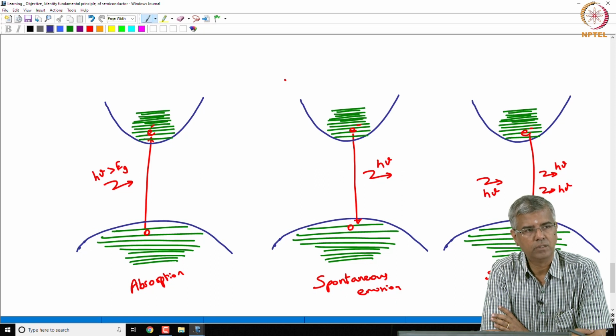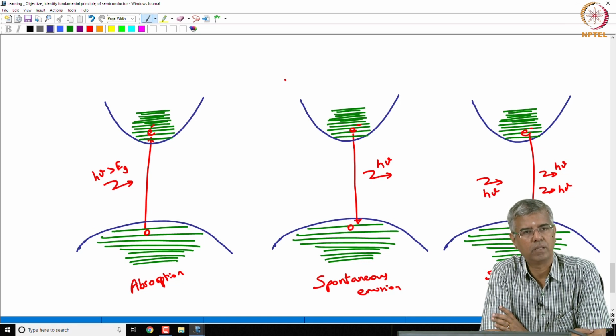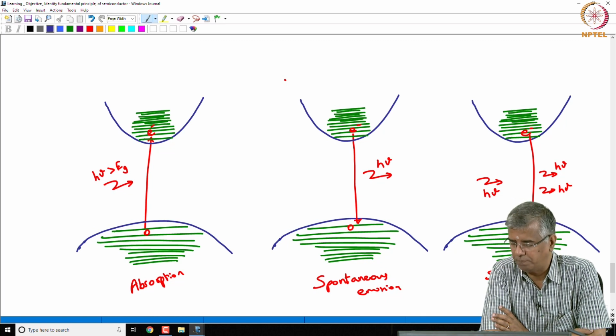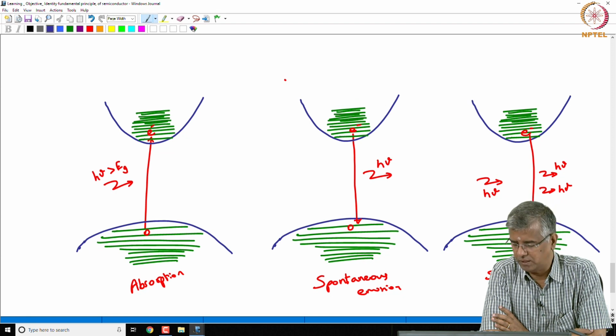But for today we will focus on light emission, and light emission essentially happens when you have an electron recombining with a hole. So, an electron in the conduction band recombining with a hole in the valence band could lead to light emission, especially if the band gap is much greater than the thermal energy. So, typically we are looking at band gap energies.